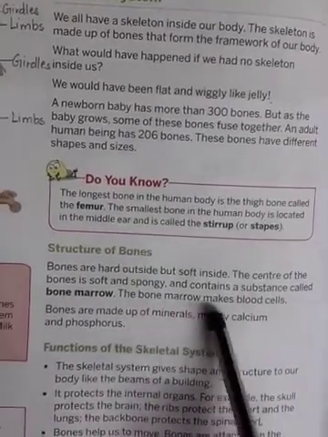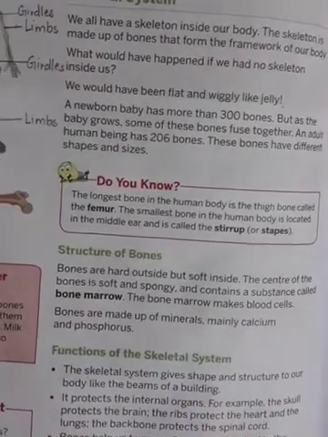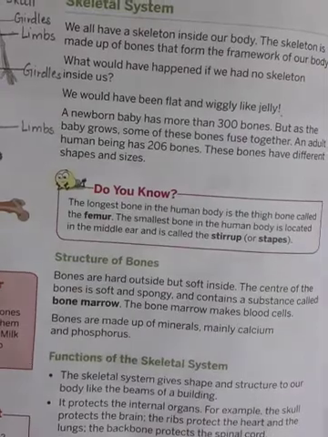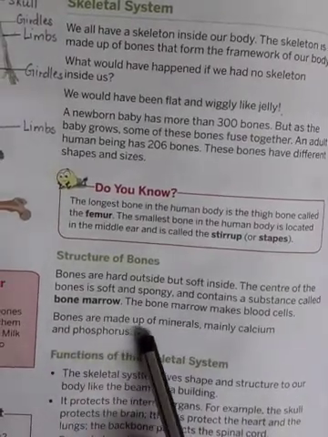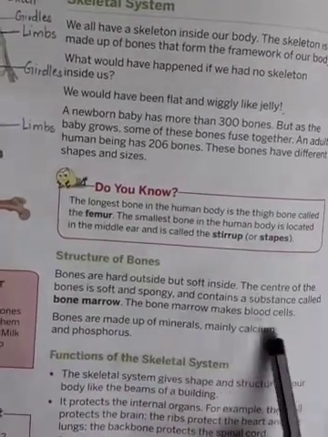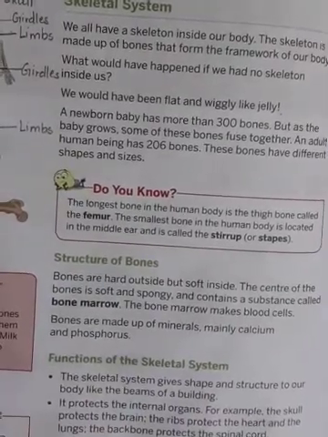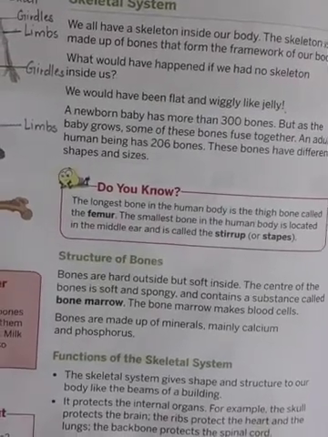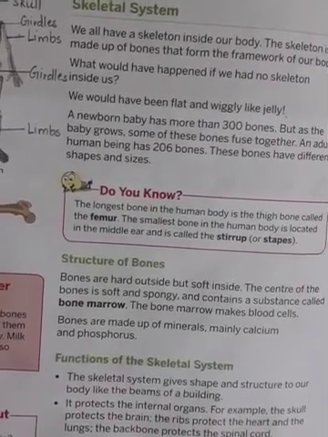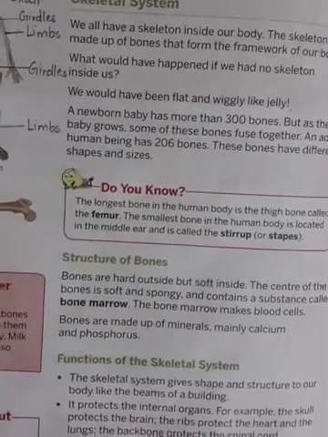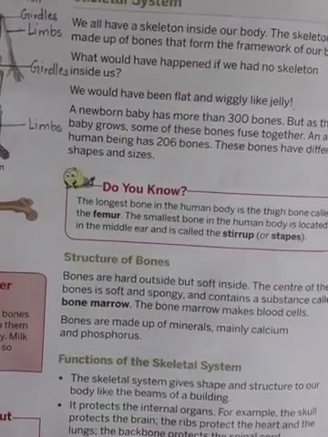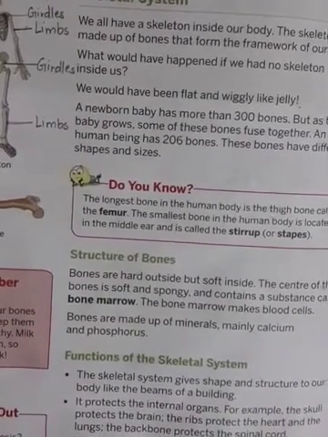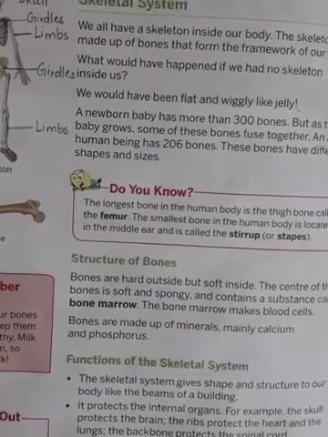The bone marrow makes the blood cells. Bones are made up of minerals, mainly calcium and phosphorus. And from where do we get calcium? We get calcium from milk. So remember children that you should drink a lot of milk in order to stay strong and healthy.